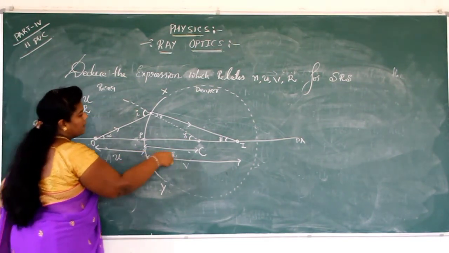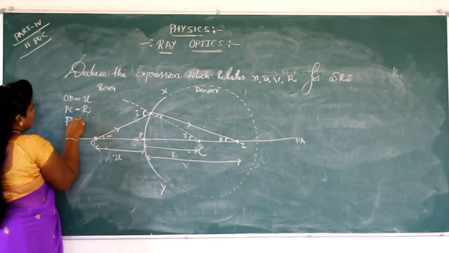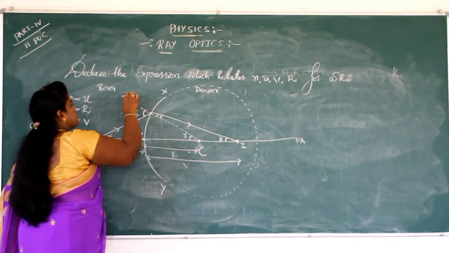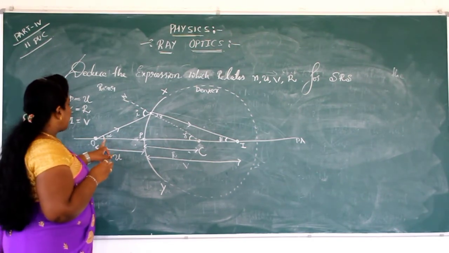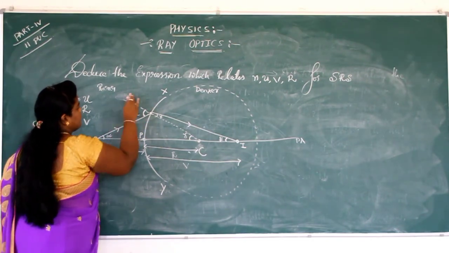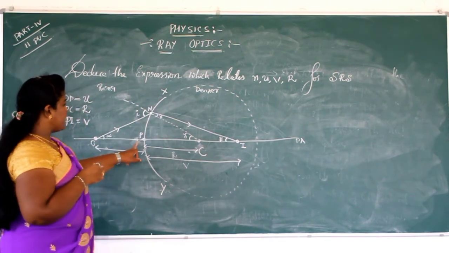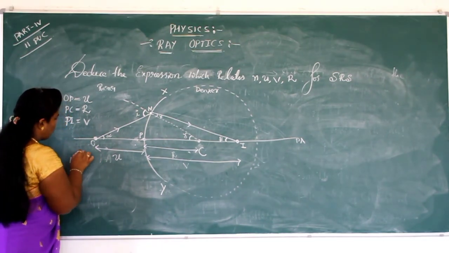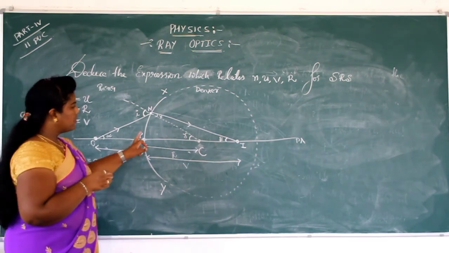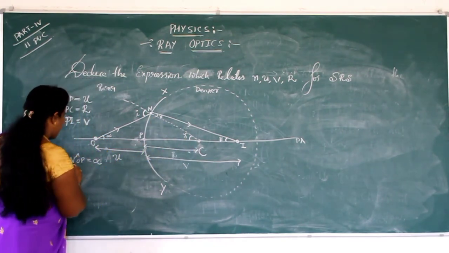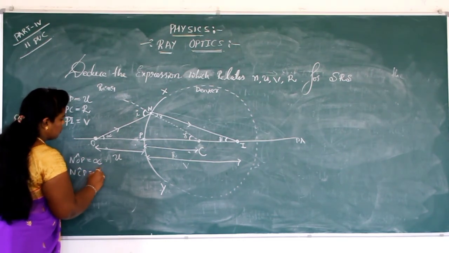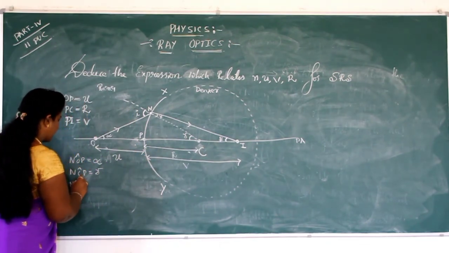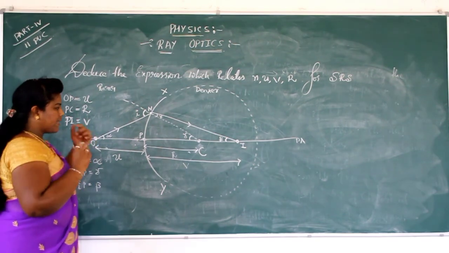Here it is the normal, and I am writing it as N. So angle NOP is equal to alpha, angle NCP is equal to gamma, and angle NIP is equal to beta. So I have explained the diagram.